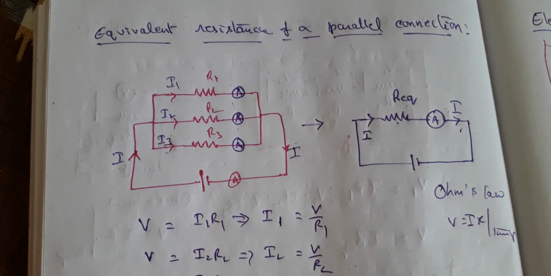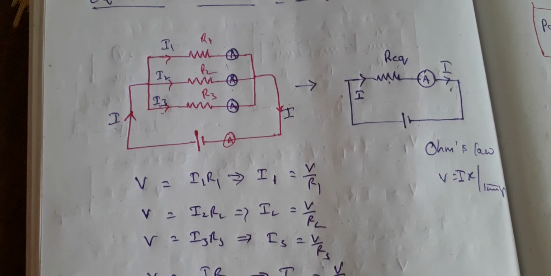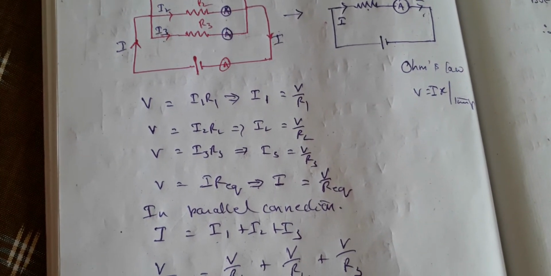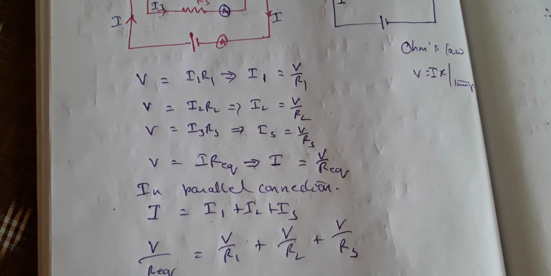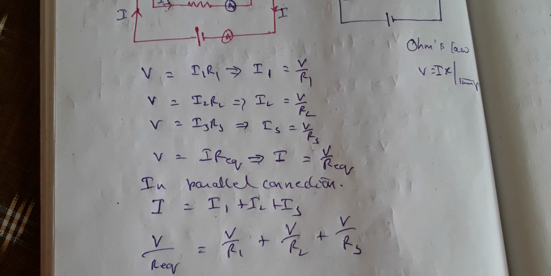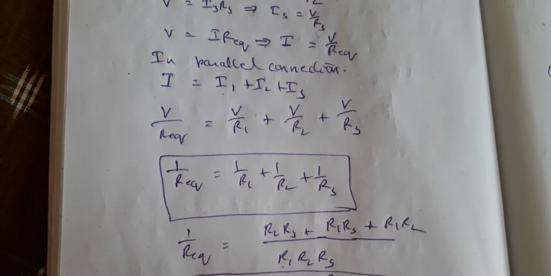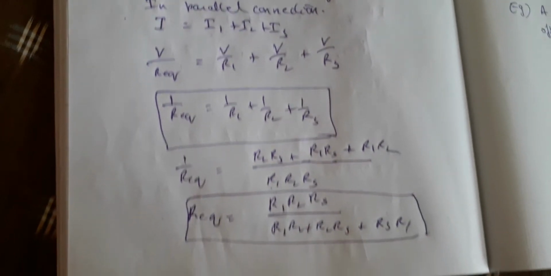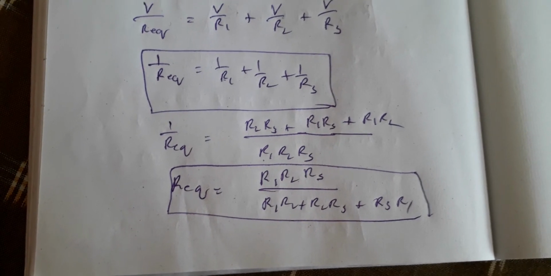Current always flows from the positive terminal to the negative terminal inside the circuit. So these are the relations of I1, I2, I3, the net current I, and then finally finding the effective resistance.